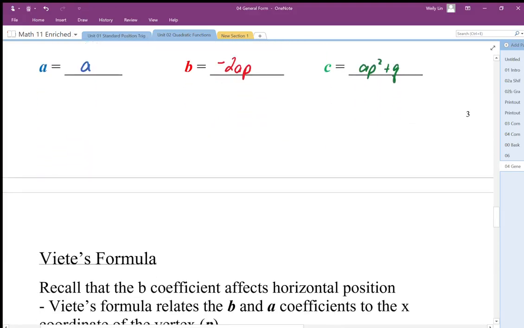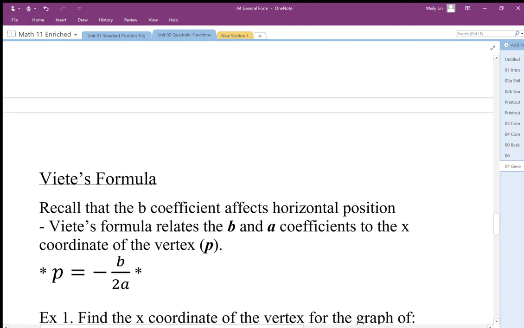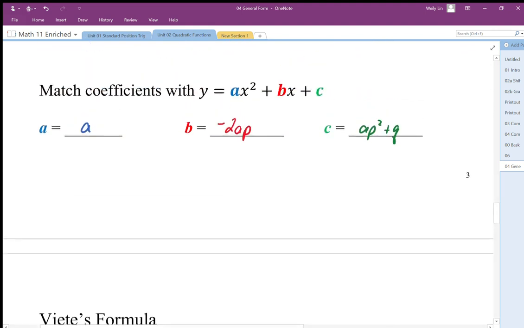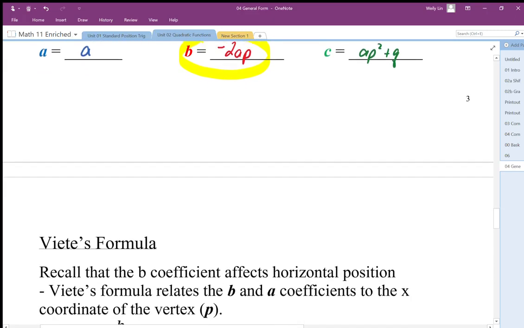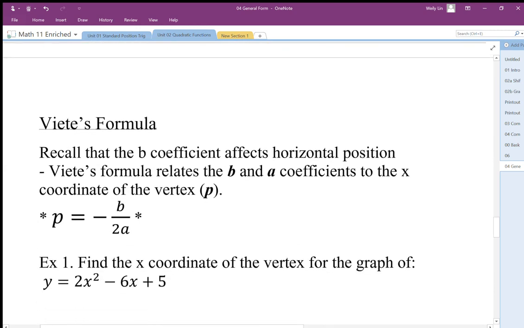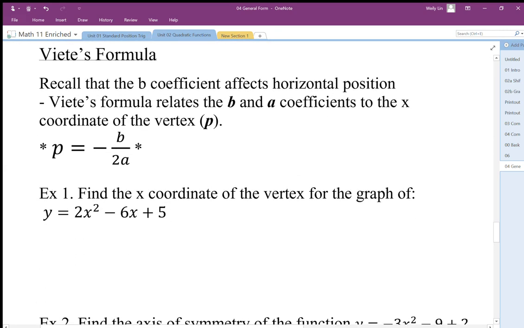Well, we can do something called Vieta's formula, and this is the key one right here. So I'm just going to circle it. Really, we want the vertex, and this does not give us the vertex. However, the P does give us the vertex. So we're going to solve for the P. When we solve for P, we end up with this formula, negative B over 2A.